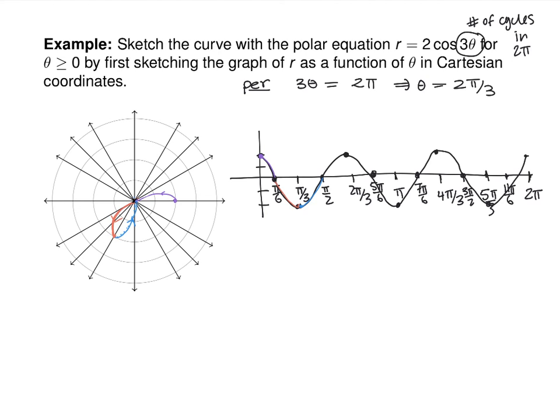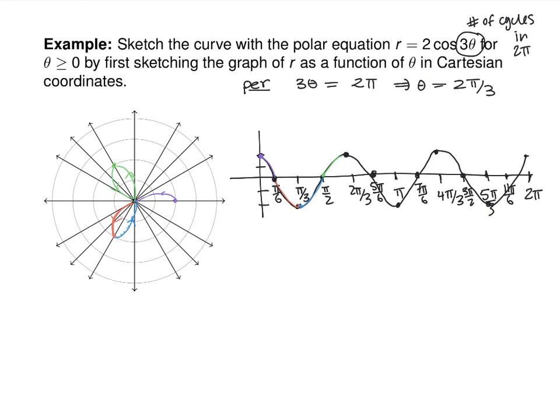All right, next we will have the part from pi halves to 2 pi thirds. By the time you hit 2 pi thirds, which is this angle, we're back at a radius of 2. And as we approach 5 pi sixths, we have a radius of 0 again. So there we go.